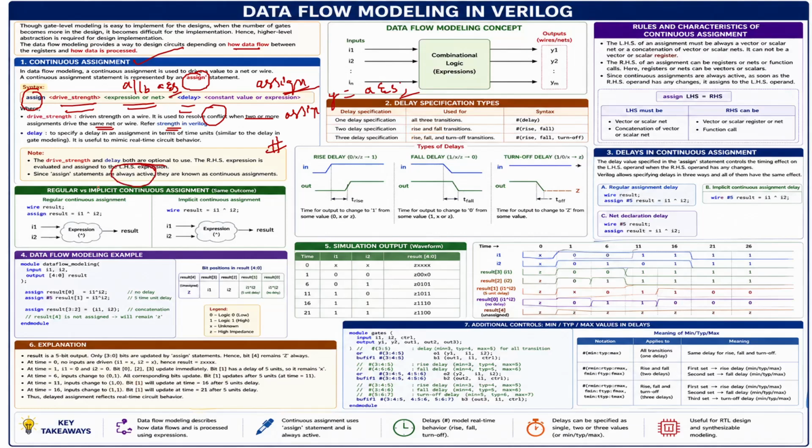That means whenever you are assigning the statement, see, this is I1 XOR with I2. I'm assigning the result, I1 XOR with I2. It is a continuous type of assignment, that is completely active all the time.